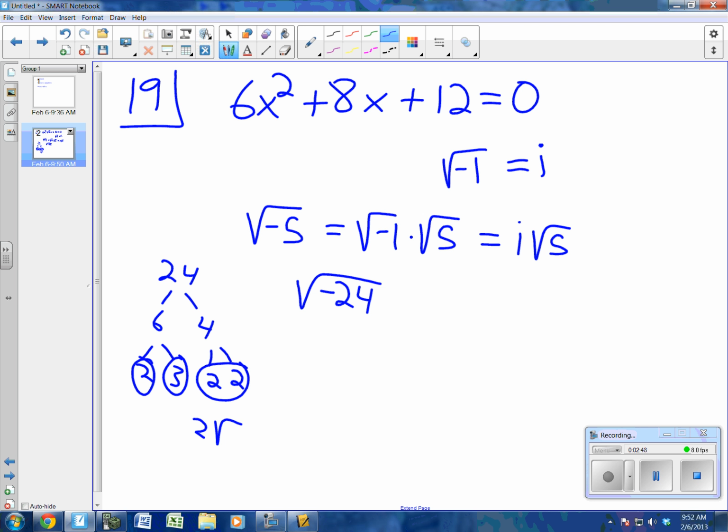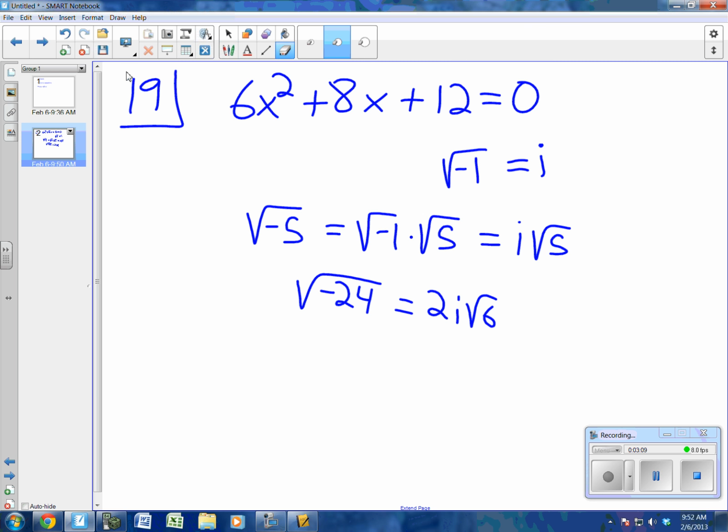I take one of the pairs and put it outside. 2 times 3 is 6. I put the loners back inside. So this breaks down into 2i square root 6, because I had a square root of a negative number right there. That's square root of negative 1, which is i. So when we did these problems yesterday, these are kind of solutions that you were supposed to be getting.